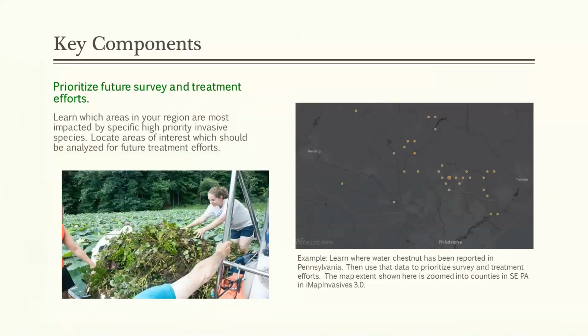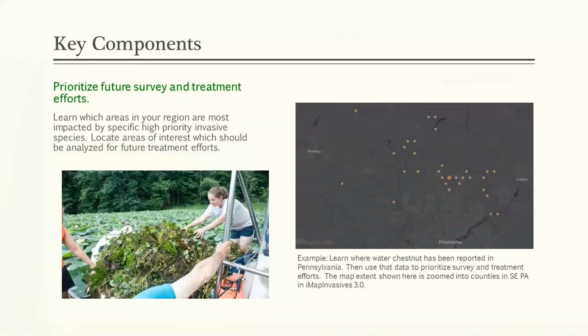So for example, in this screenshot here on the right-hand side, we can see where water chestnut has been reported in Pennsylvania by looking at the various dots on the map. And then we can use that information to prioritize, okay, maybe there's an area nearby that doesn't have any dots. We want to survey to see if there is water chestnut there, or we want to use the information that's already present to conduct some type of treatment.